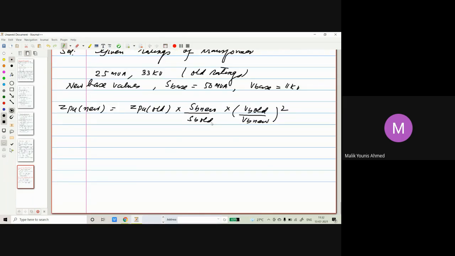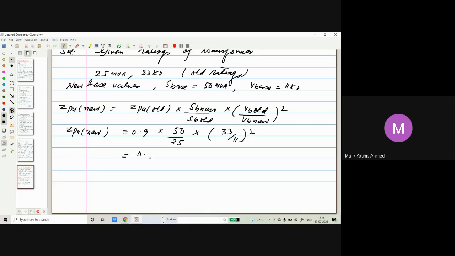Now Z per unit new will be 0.9, SB new is 50, SB old is 25, VB old is 33, VB new is 11 kV, whole square.